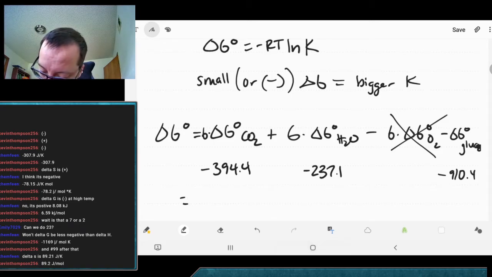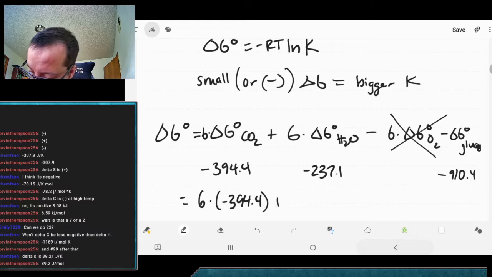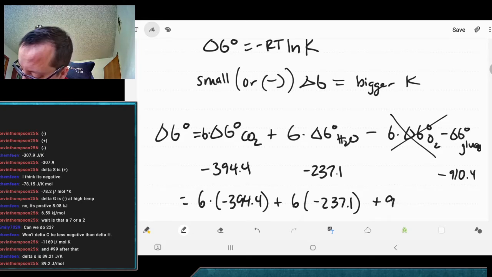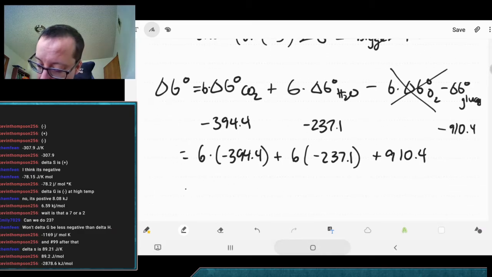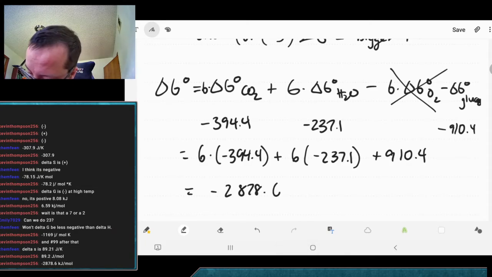So delta G is going to be 6 times negative 394.4 plus 6 times negative 237.1 plus 910.4, all of these, of course, in kilojoules per mole. Awesome, Kevin's already done it. And we are expecting this to be definitely exergonic, so negative 2878.6 kilojoules per mole.